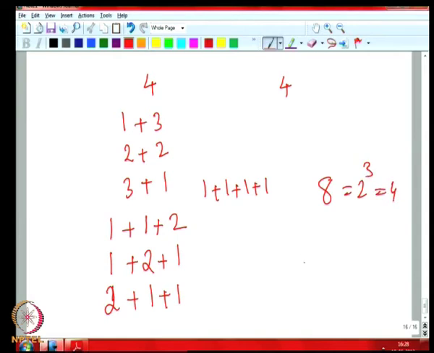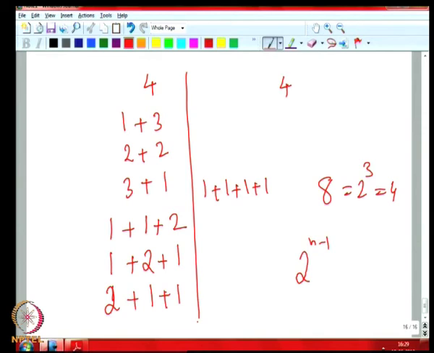We have seen that in general for n, 2 to the power n minus 1 compositions are there, right. So what we are doing is we are splitting it into the sum of positive integers, but we are giving importance to the order here, and how many of them are there is the question.